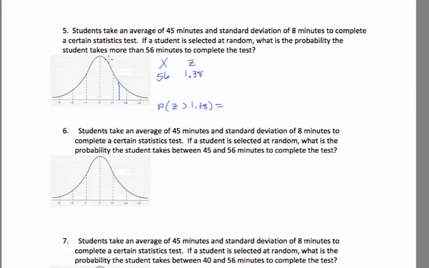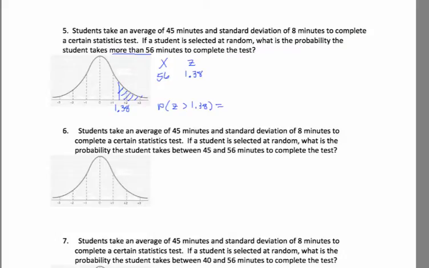What is the probability the student takes more than 56 minutes? I can use my work from the previous problem. I know from the previous problem by plugging it into the formula that when my data value is 56, my z-score is 1.38. So I want the probability that the z-score is more than 1.38.